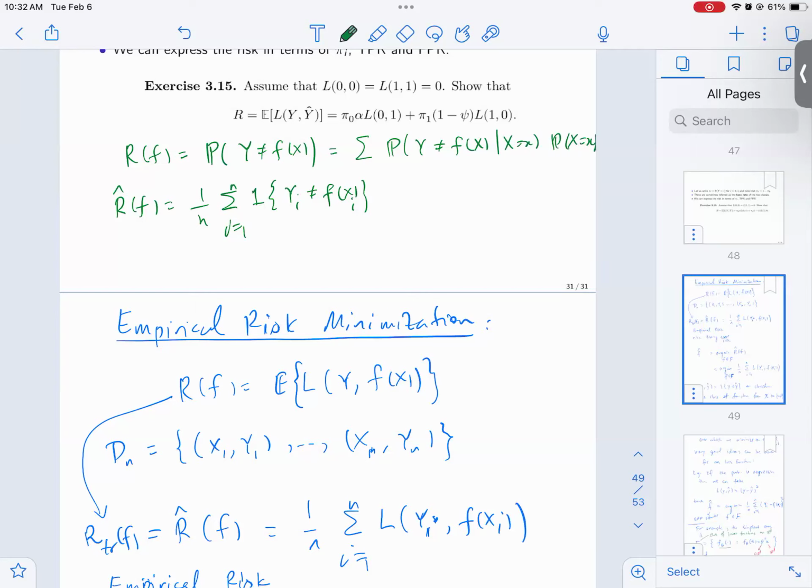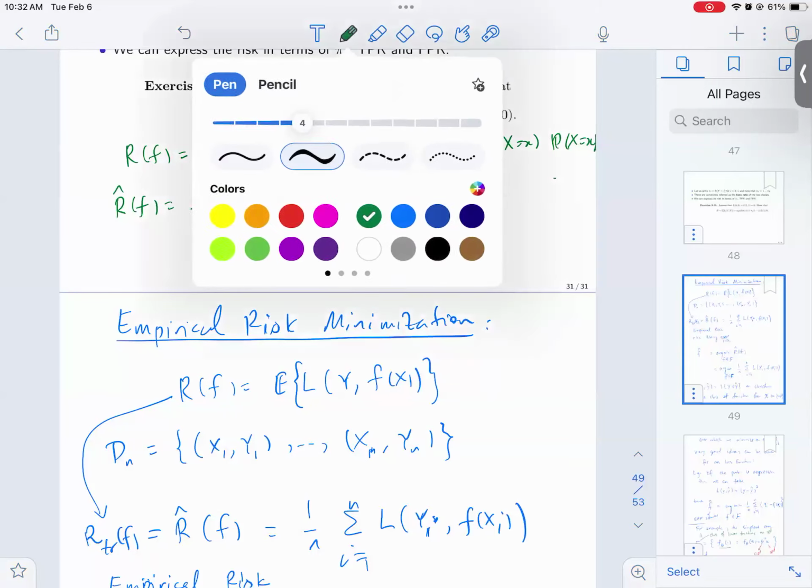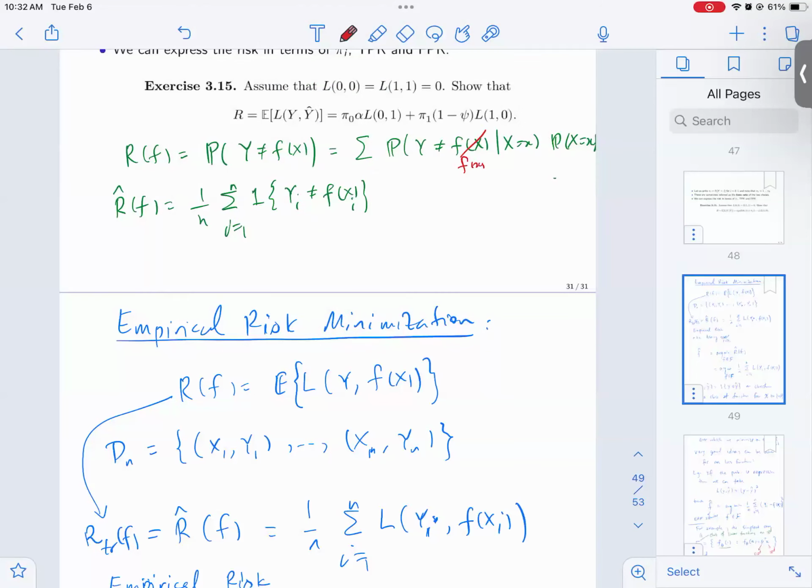These probabilities are not in our hands, so we can't minimize that. But once I fix x, this is just f of little x, which I can decide. So I'm going to decide this f of x for every x to minimize this conditional probability. Okay, so that was the argument.